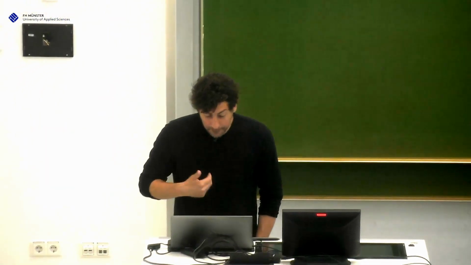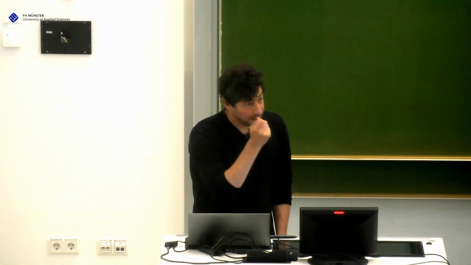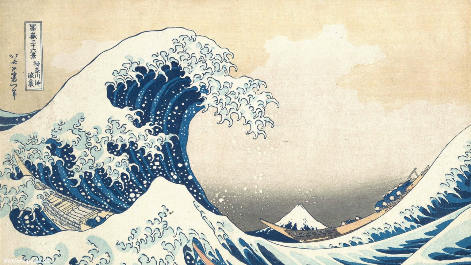But fractals appear in art. One famous and simple example is this one, the wave, which I think all of you know. It's an extremely famous picture, right? And there you see a wave, and the same shape of the wave is what you also see in the foam, okay? So the structure is the same.